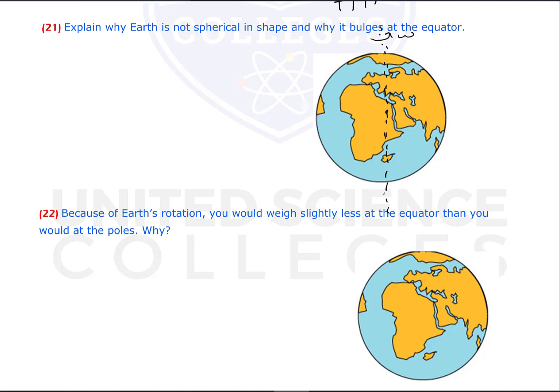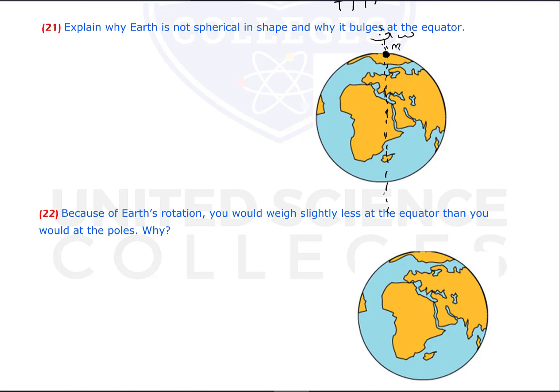When you are at the poles, for example, standing exactly at the position of the axis of rotation, your body will not follow a circular path. If an object is on an axis of rotation, it will not follow a circular path, so you don't need a centripetal force.